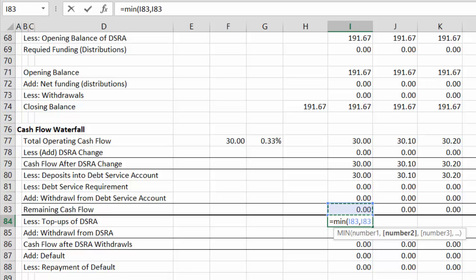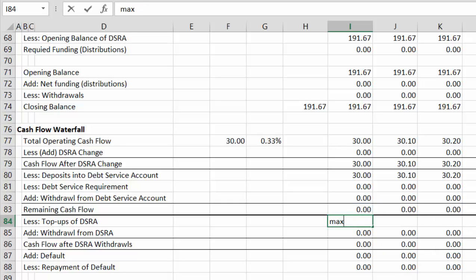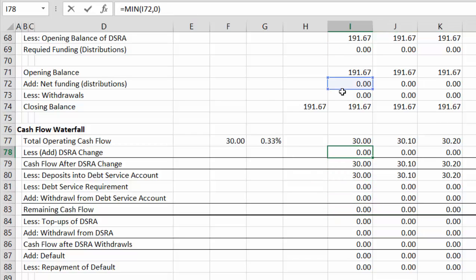We take the smaller. We can only top it up when we have positive cash flow. That's why I sometimes don't use my own rules. It's only the minimum of either this positive cash flow or the amount we're trying to put in, which is here.